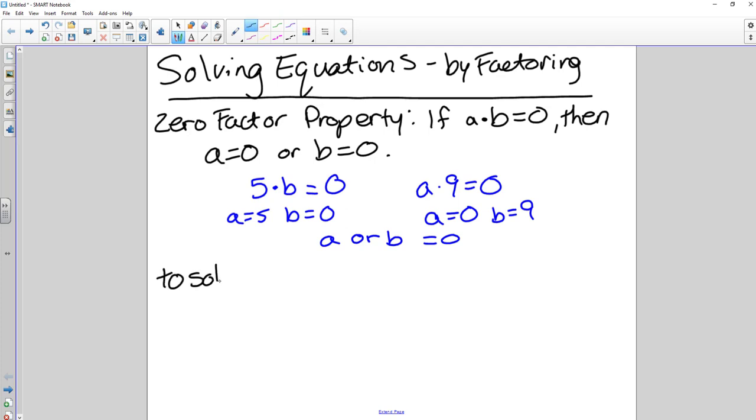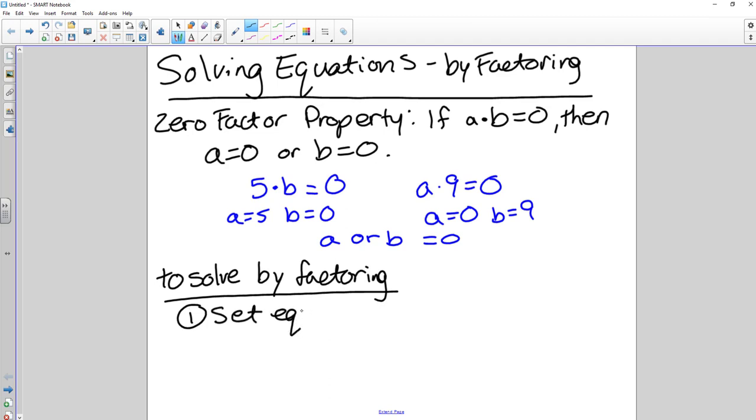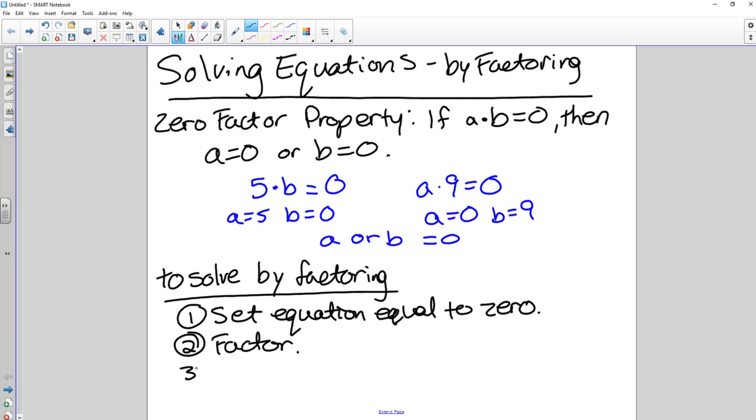So to solve by factoring, we're going to follow some steps. The first step, we're going to have to be able to use this property, so we need to set the equation equal to 0. Get everything to one side, 0 on the other side. Then we are going to factor, because notice, in our property, A times B, it needs to be things multiplied together.